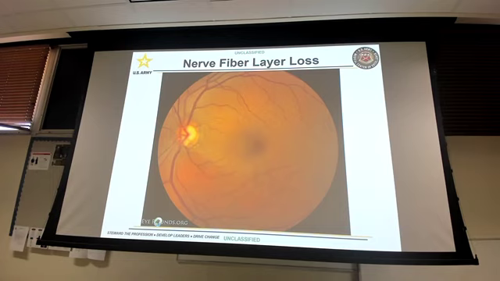In this picture, down in this inferior portion, it's a little bit dull in color versus up here. So this down right here is a little bit more dull than the rest of the retina up here. And that is typically a sign of some nerve fiber layer loss going on.